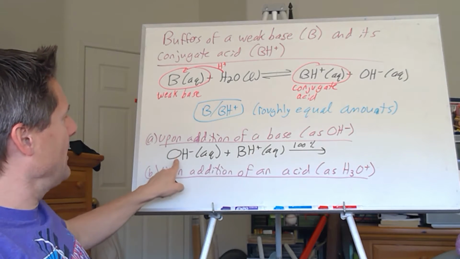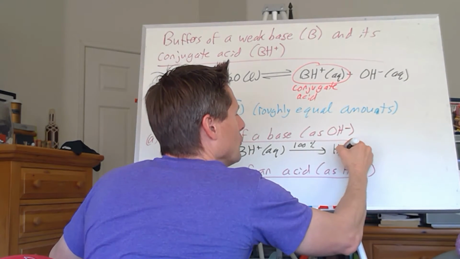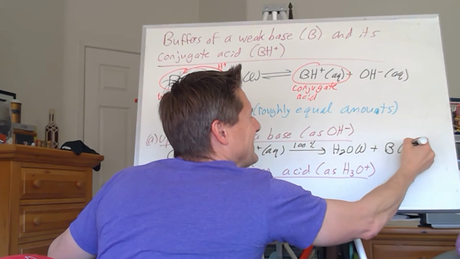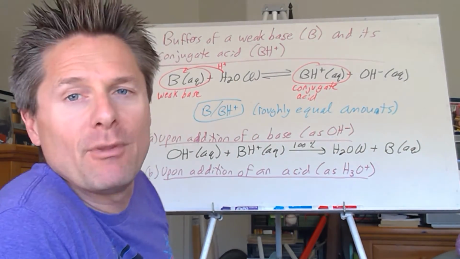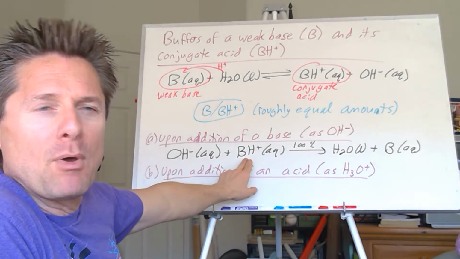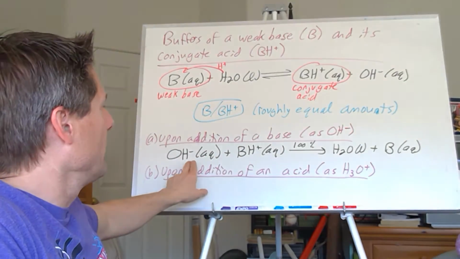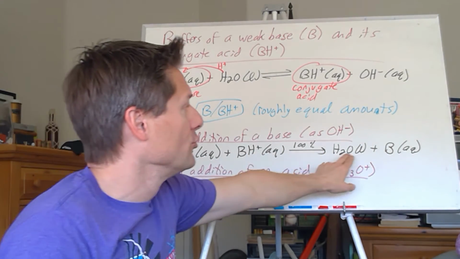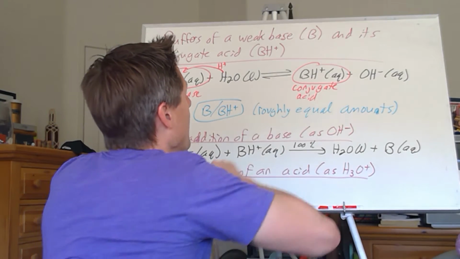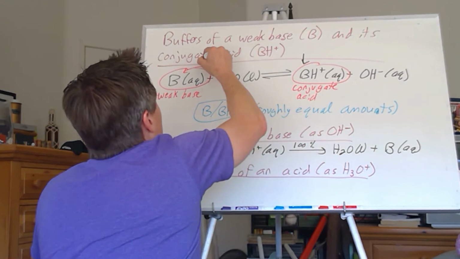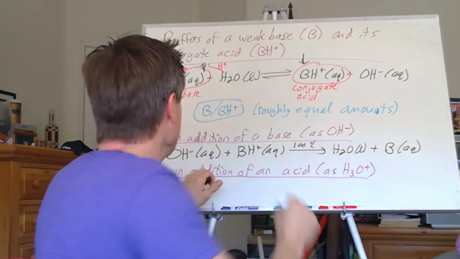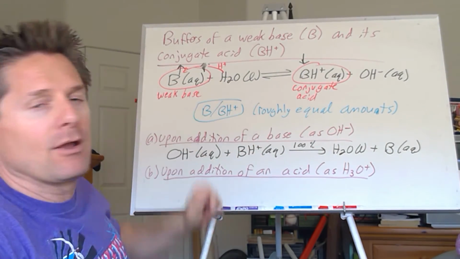So it's going to donate its H plus over to give us neutral water, plus that loses H plus, so you get the basic component of the buffer back. So the acidic component of the buffer neutralizes the added base, producing neutral water plus the basic component. So effectively, this goes down and that goes up. Right? If I add a base to it, this goes down and that goes up.